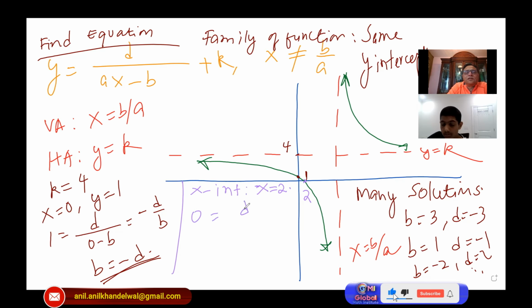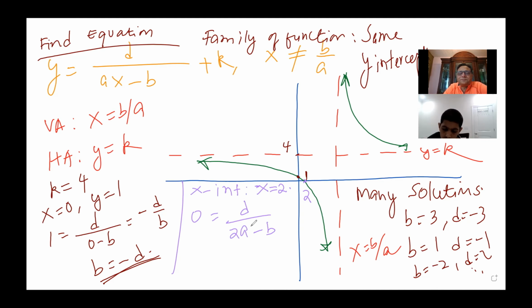So 0 equals to d over 2a minus b. Is it okay? Yeah. So how will you find this equation? You multiply by 2a minus b on both sides. X-intercept, y equals to 0. Then you get d equals to 0.